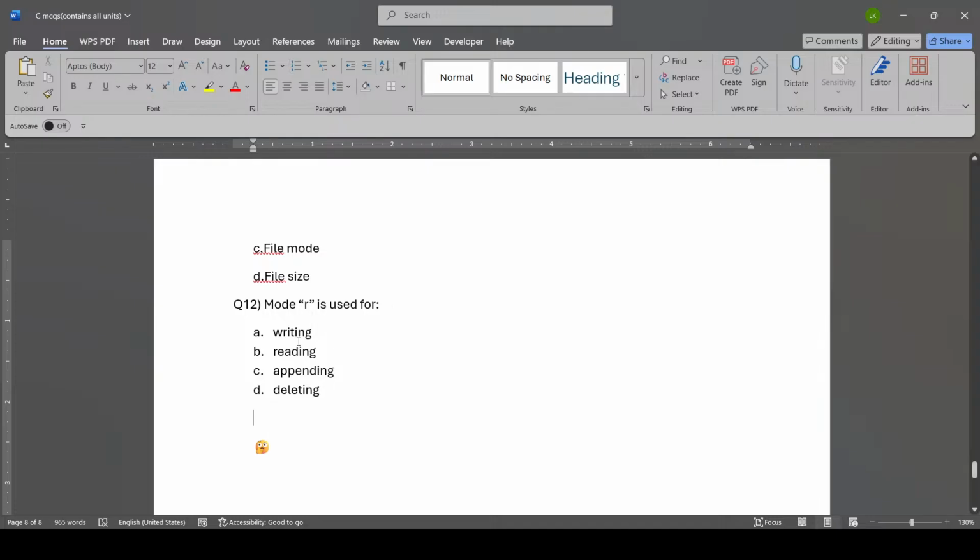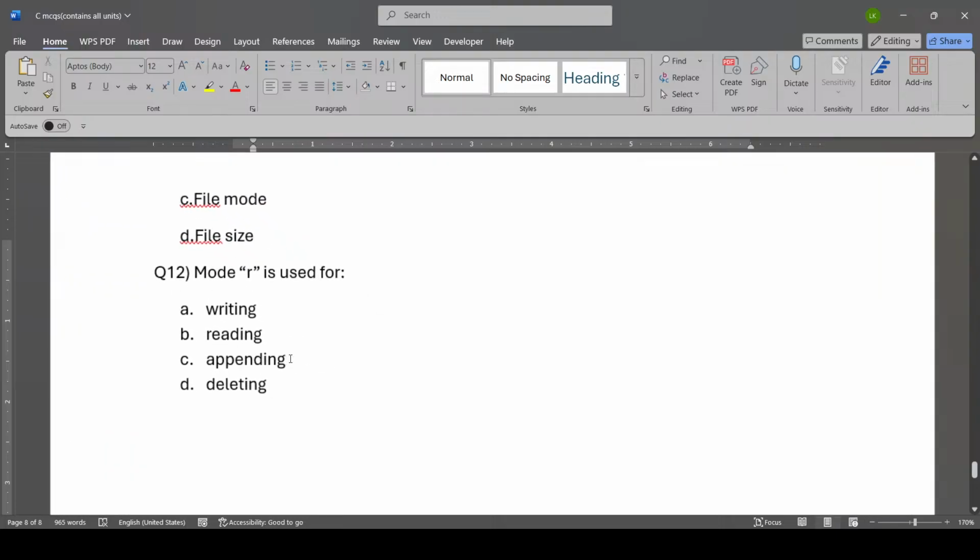So what would be the answer? Question number 12. Whenever we open a file in mode r, what does this mean? Is it for writing, reading, appending, or deleting?